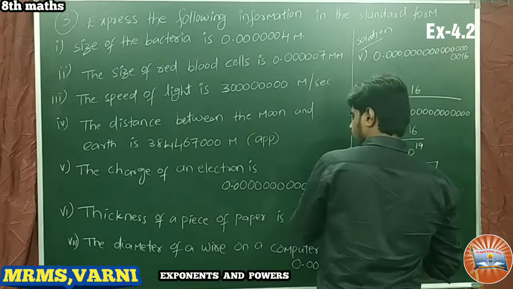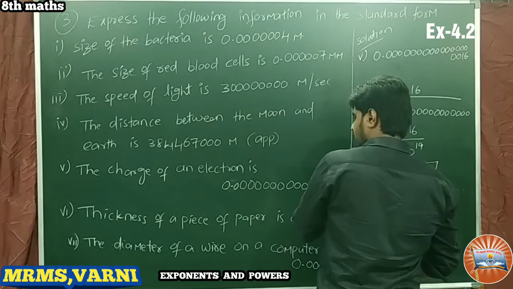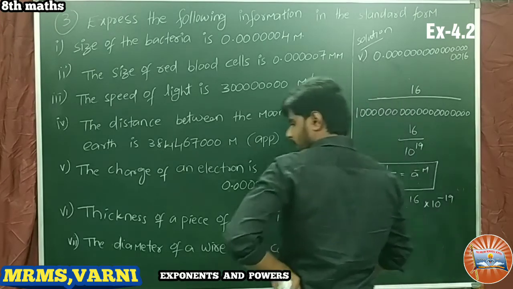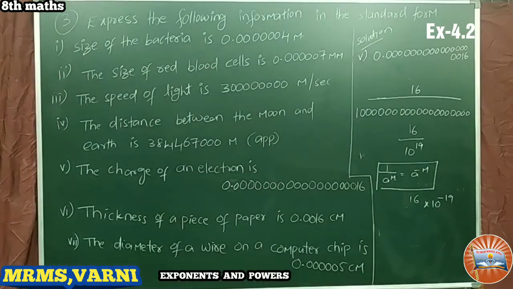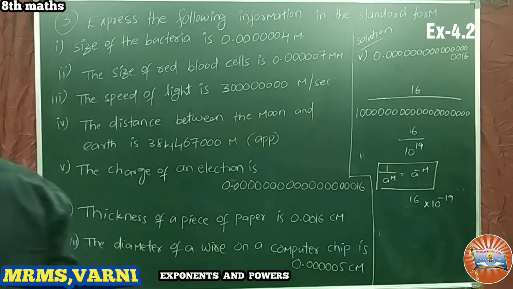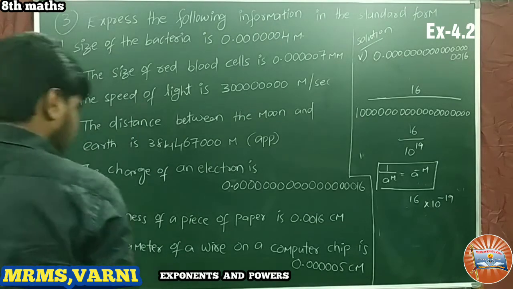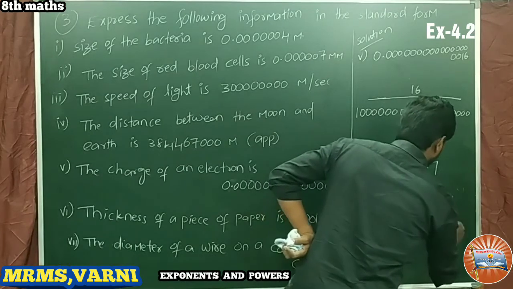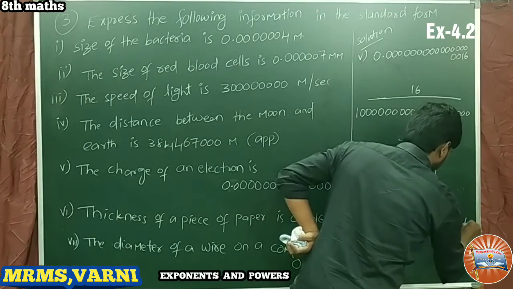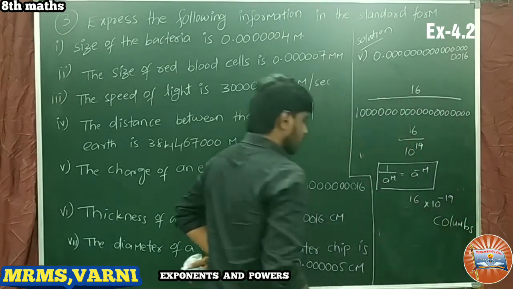What are the units? Charge of an electron, I think meters, I think mm, centimeters. Okay, coulombs, sorry. Coulombs. Okay, right.